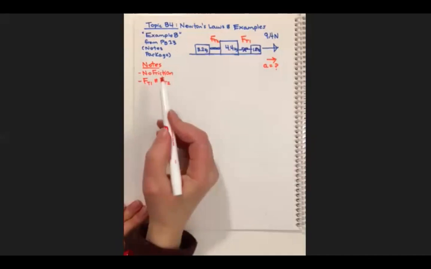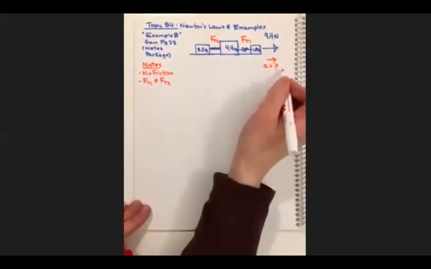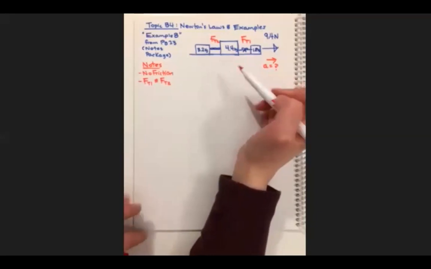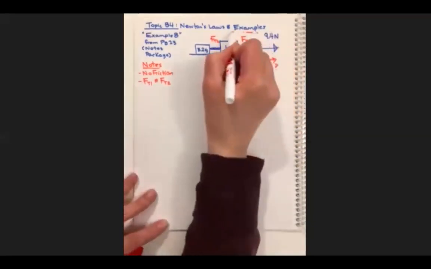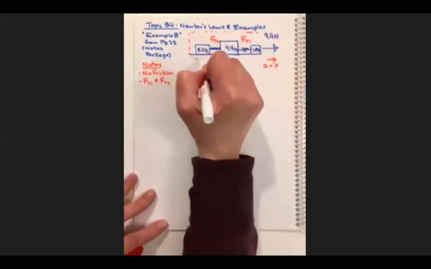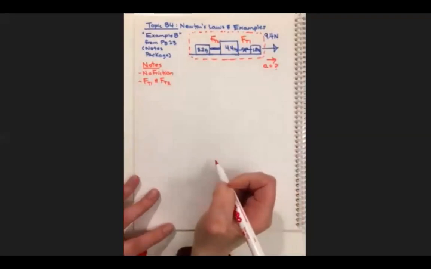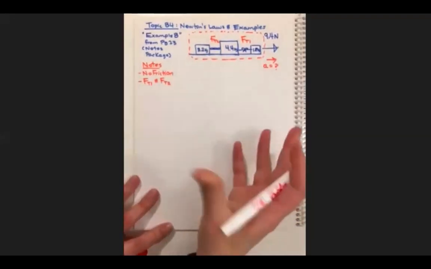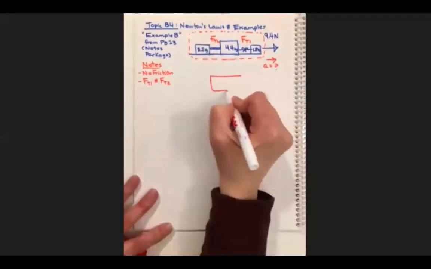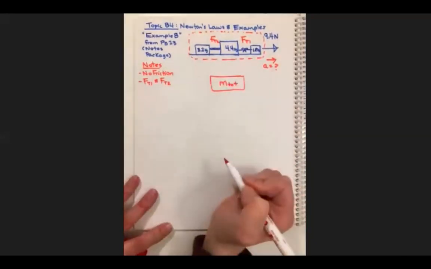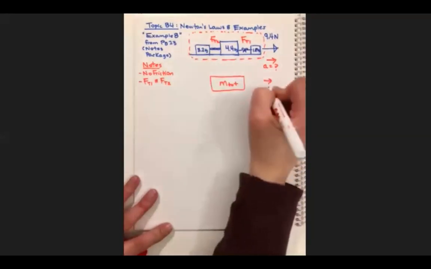We know F net equals ma, so we know we need an F net statement, so we'll need a free body diagram to base the F net statement on. If we use the free body diagram of all three objects together, we're going to combine all three objects together. It's going to be mass total that we're talking about accelerating this way.